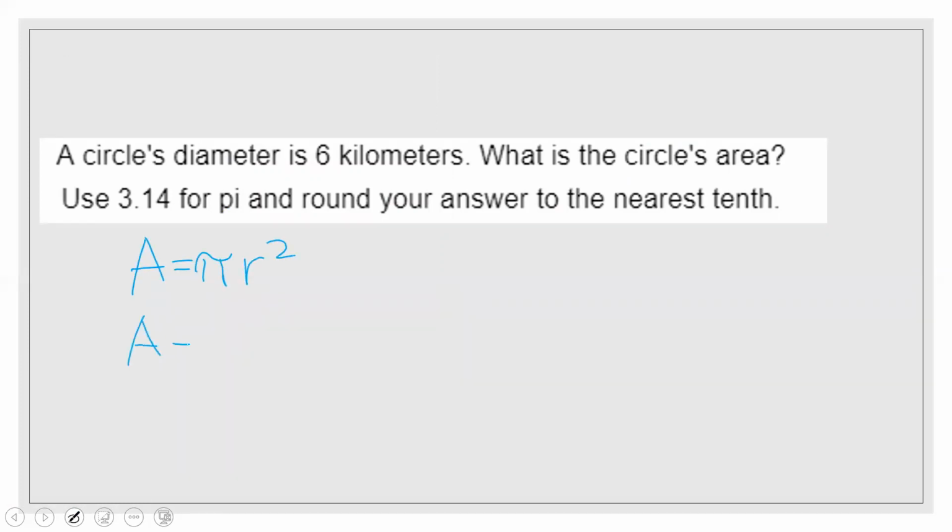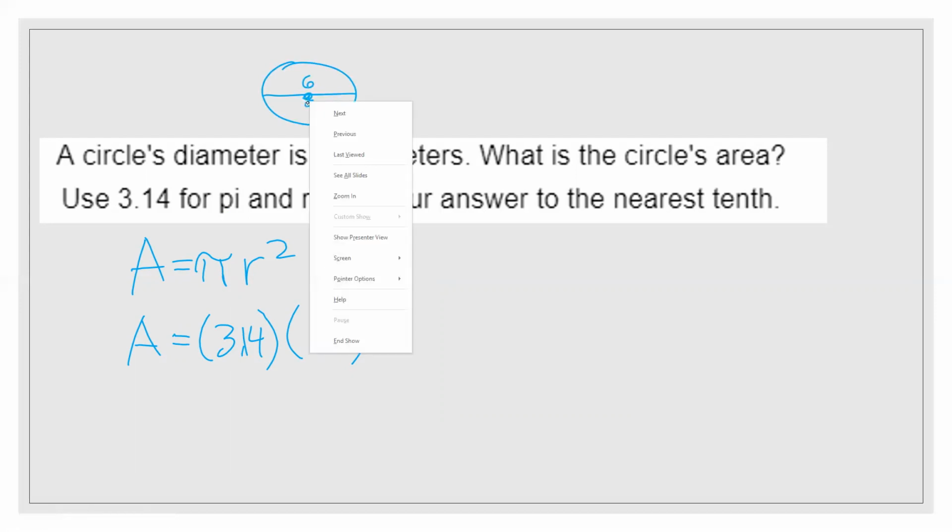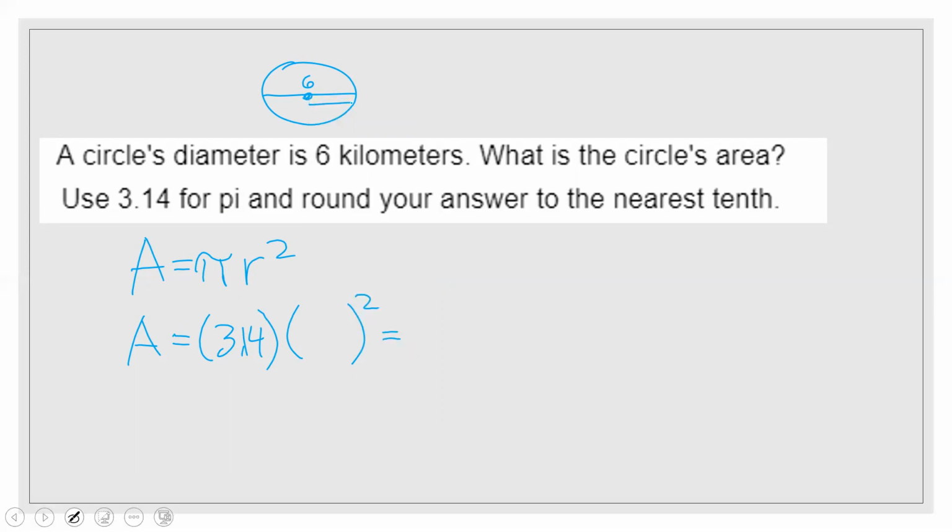So this area will be equal to 3.14 times our radius squared. But before I plug that in, I need to figure out what my radius is, because it didn't give me my radius, it gave me my diameter. If the diameter all the way across is 6, then halfway across should be 3. So our radius is 3.